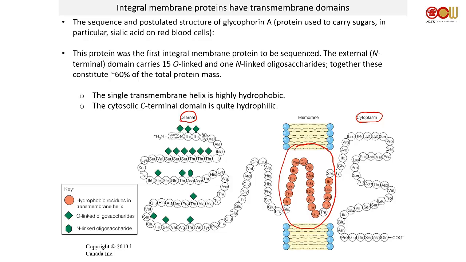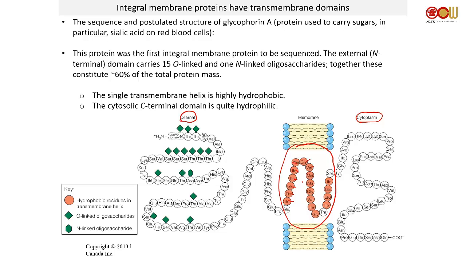What you see is that you have a single transmembrane helix that is highly hydrophobic. So here you have a streak of nonpolar residues: isoleucine, threonine, leucine, isoleucine, isoleucine, phenylalanine, glycine, valine, and so on. This string of nonpolar or hydrophobic residues is predicted to be inside of the membrane.